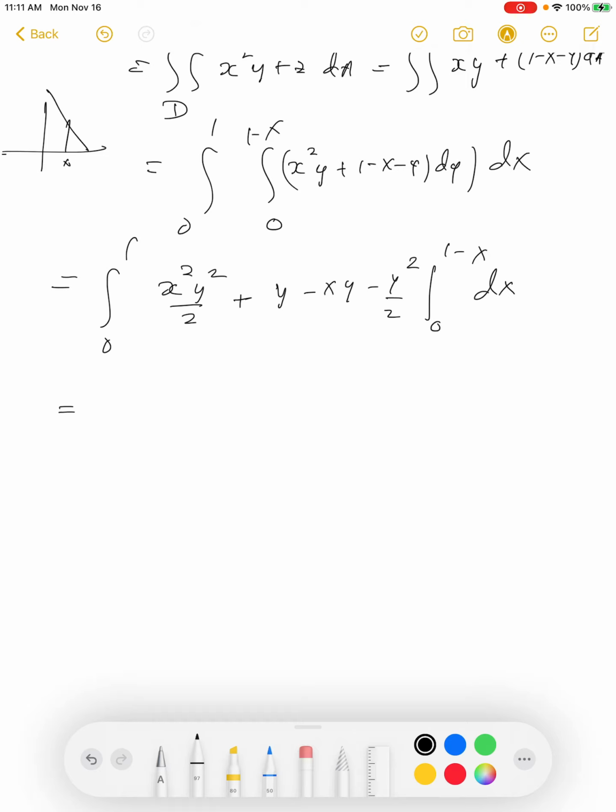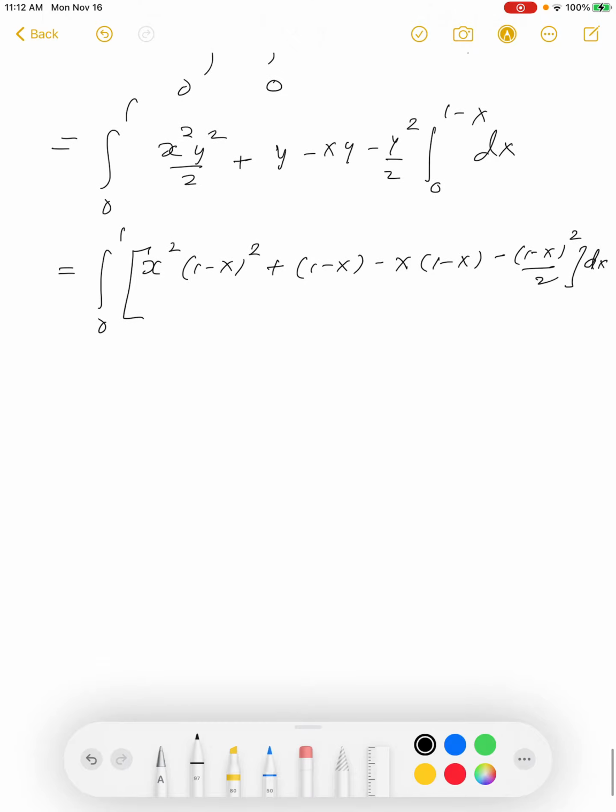So this is going to be, let's see what happens, 0 to 1 x square into bracket 1 minus x square plus y goes, I'm replacing y by 1 minus x, and so this is just a computation which is painful, but you can do this.